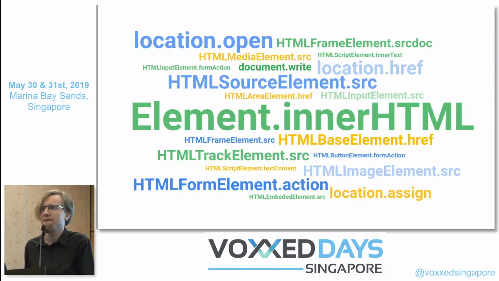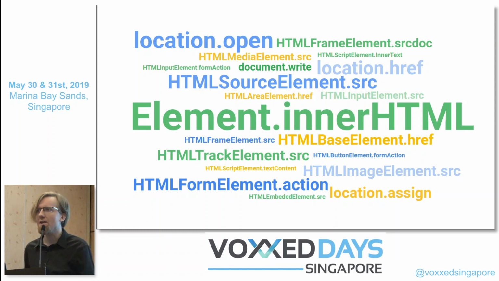So the problem is that protecting your application from DOM-based cross-site scripting is super hard, because we've counted all of these APIs across all browsers, and there are around 60 major browser APIs that allow this bug to happen if you use this API and pass it untrusted data.